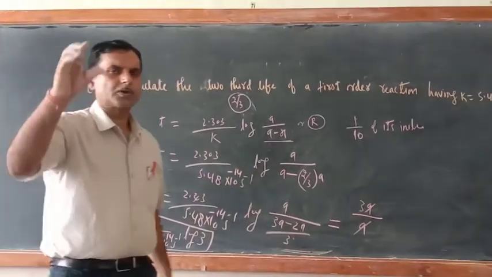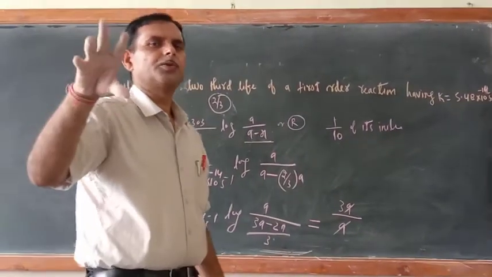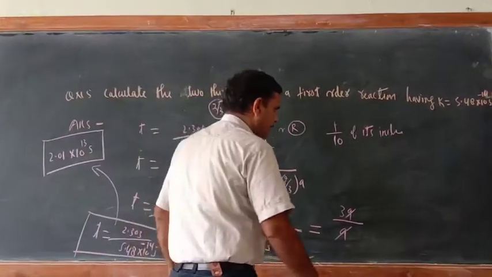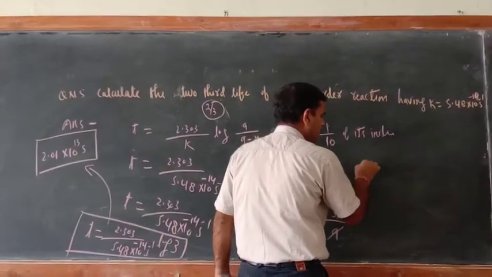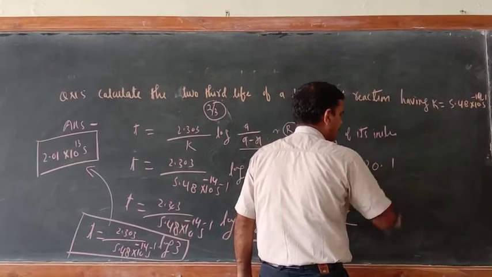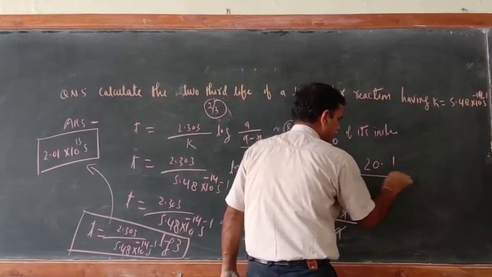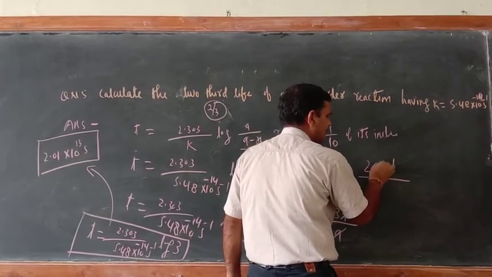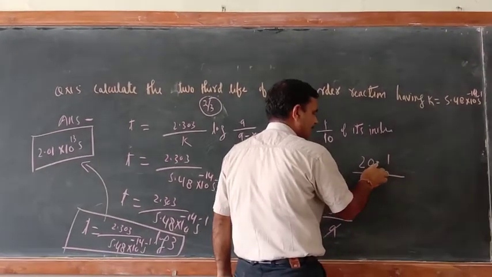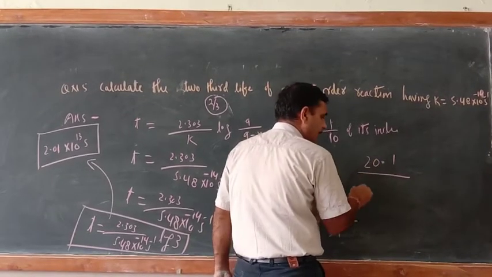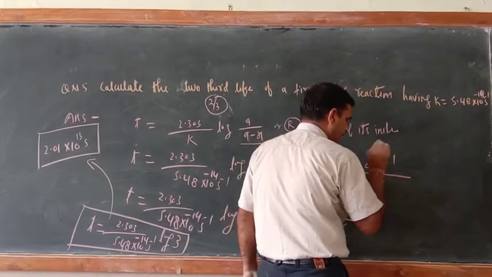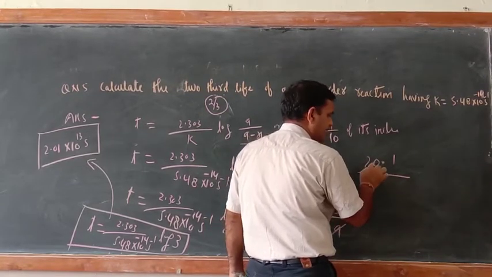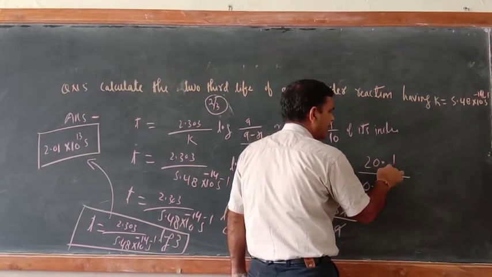Now to solve such type of question, you should be efficient in logs. So try to understand. Suppose I want to see the log of 20.1. Just see, after 2 digits the decimal is there, so its value will start from 0 point. So here 0 is the characteristic. Now we have to look at 20 at 1.